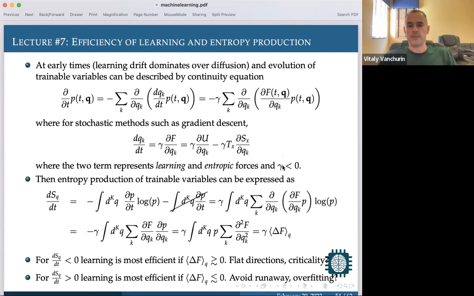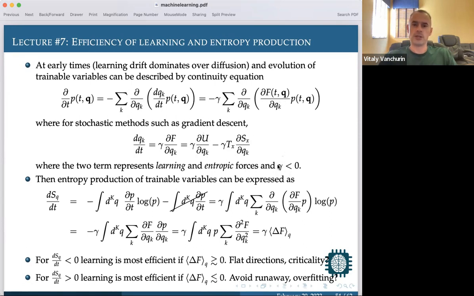And then the value of gamma in this effective description may be something else. But usually we think about this as something which is less than 0, just because this first term is what is responsible for the minimization of the loss function. Okay, so gamma is less than 0.